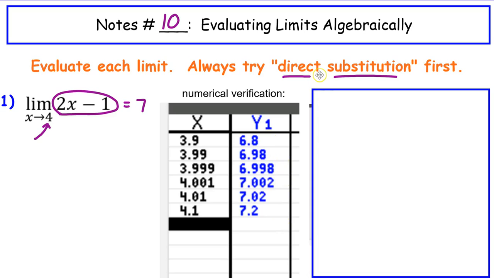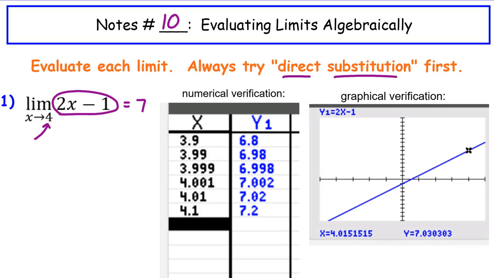And also graphically, since last time we evaluated limits graphically as well, when I graphed the line y equals 2x minus 1, as you approach 4 from the left and from the right, you're getting close to a height of 7.